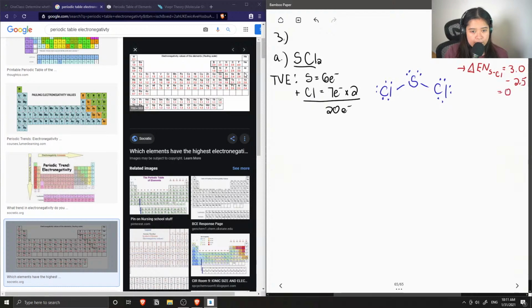Okay, so the difference between them is 0.5. Therefore, the bond is polar, and we know that because our electronegativity difference is greater than 0.4 but less than 1.69.